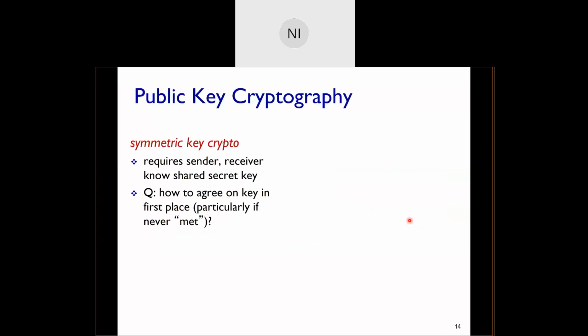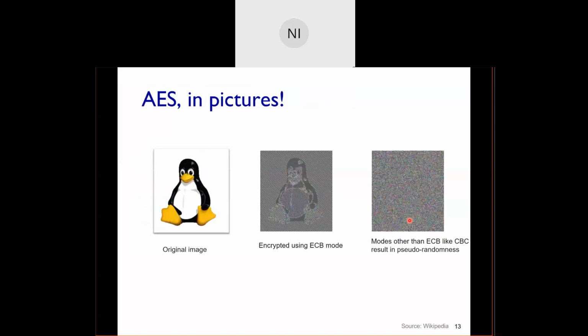Okay, so let's switch gears. So far what we looked at is symmetric key cryptography, which requires both Alice and Bob to have a common secret key so that one can encrypt the message and the other can decrypt it. In the entire internet, we use AES for encryption and decryption.